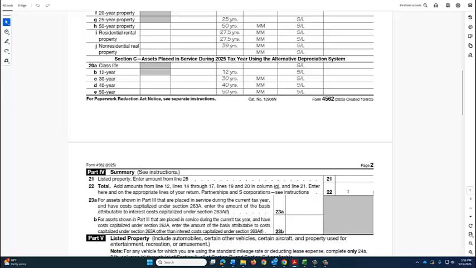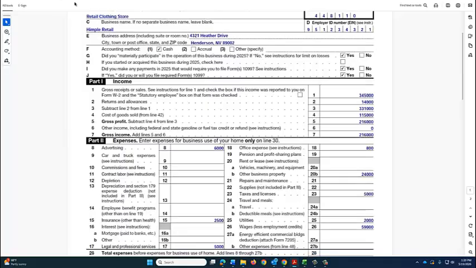So we will enter the total depreciation of $56,272. Now that we have our depreciation total, we can move it over to line 13 of the Schedule C.